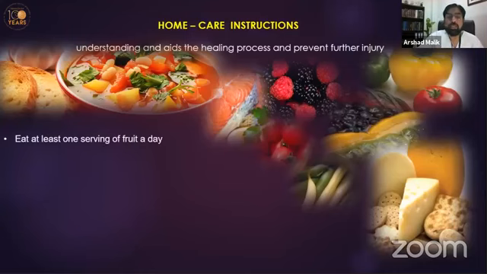The first thing is to eat at least one serving of fruit a day. The serving of fruit should be in such a way that it is not going to hurt your temporomandibular joint, and that is the main important thing. Select a food which can be easily taken by you and easily masticated.